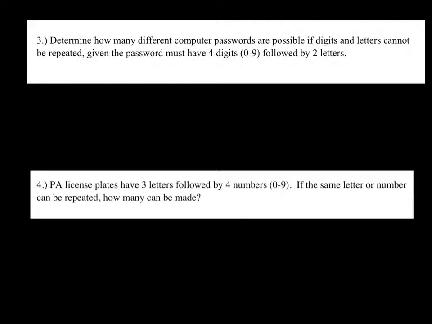So number 3, it says determine how many different computer passwords are possible if digits and letters cannot be repeated, given the password must be 4 digits, 0 through 9, followed by 2 letters. How many letters are in the alphabet? 26. So 0 through 9, so 1 through 9 is 9, include 0, so that's 10 possibilities for the digits.